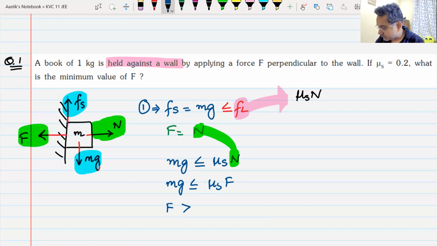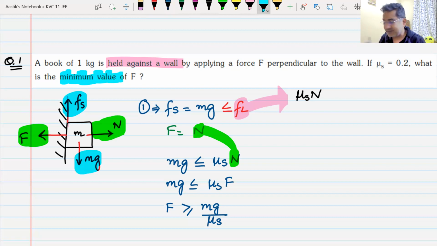So your F should be greater than or equal to mg divided by mu s. It should be greater than this value or it can be equal to this value. I had to find out the minimum value. So from this inequality, you can find out the minimum value of this force.